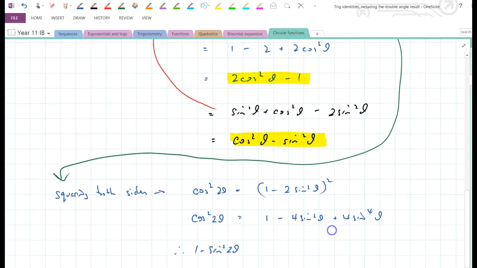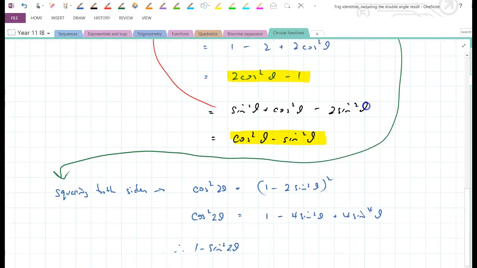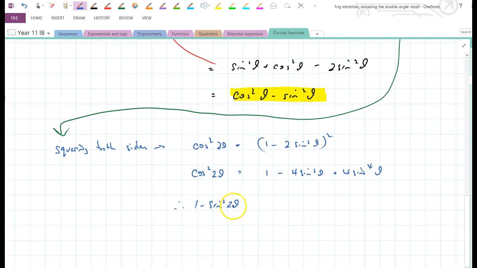Okay, where did I get that from? Cos squared theta equals, got it from here, 1 minus sine squared theta. So replace theta with 2 theta, and we've got this result down here. 1 minus, I'm writing that as that, and there's my double angle. You see, that's why I did that. So that's the same thing, 1 minus 4 sine squared theta plus 4 sine to the power of 4 theta. This is brilliant stuff, isn't it? I knew you'd like this.